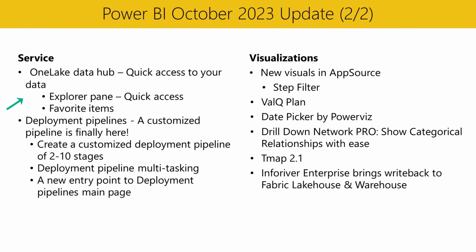The Explorer pane enables users to navigate through the workspace's hierarchy and scope the data items to a specific workspace. With the recent enhancements, we added a quick access section at the top of the Explorer pane. The quick access section contains the active workspace, pinned workspaces, and recently used workspaces, as well as favorite items.